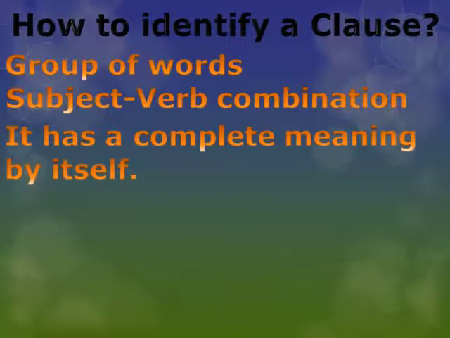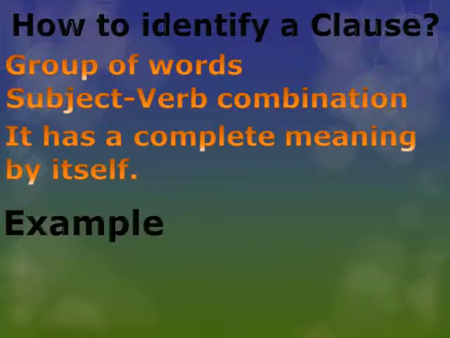Unlike phrases, where we did not have a subject-verb combination and the phrases did not depict complete meaning, clauses are just the opposite. It has the subject-verb combination and it has a complete meaning by itself also.